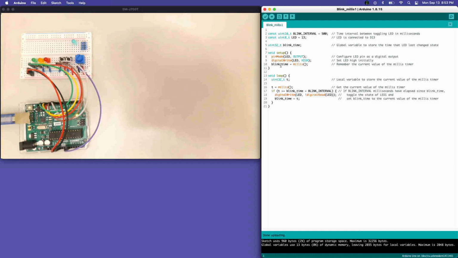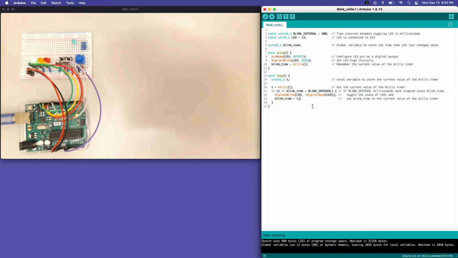And so in the loop function, what we're doing is we're checking the value of the Millis timer, and that's t. And if t exceeds blink time plus blink interval, then we're going to flip the state of the LED and then store the current value of the Millis timer into blink time. That represents the new time origin that we're looking for the next increment of time.